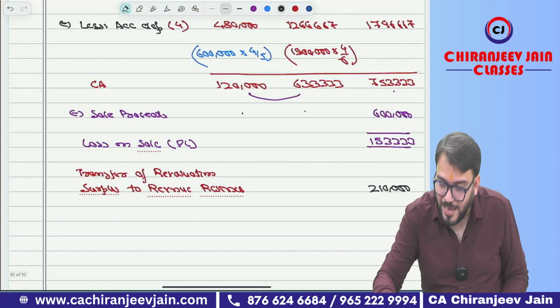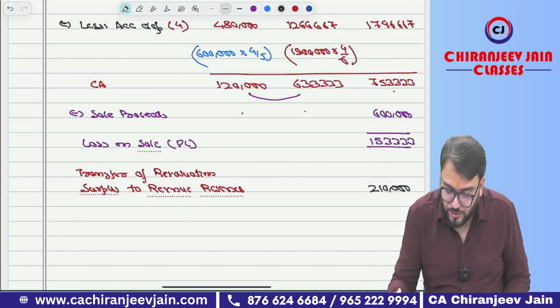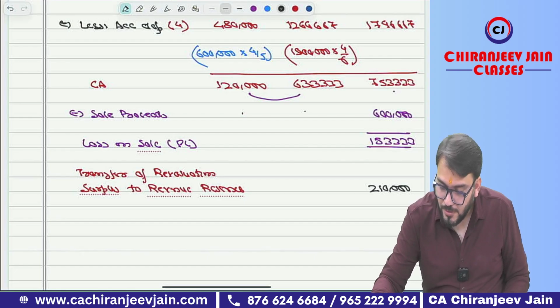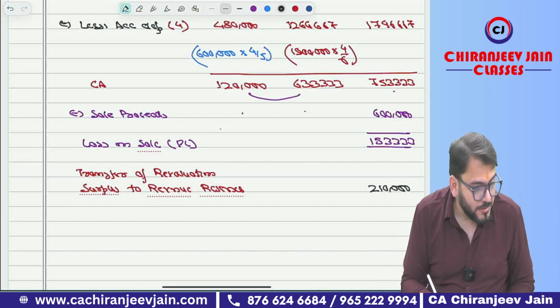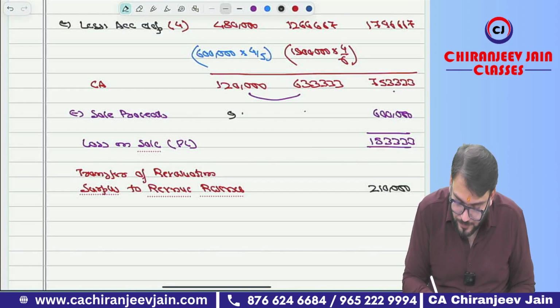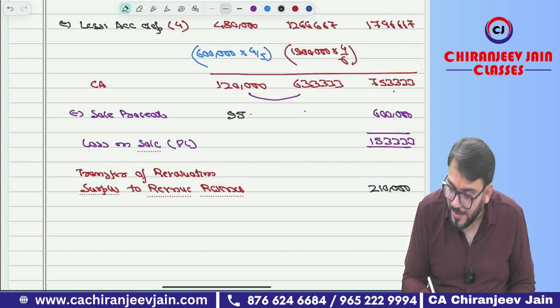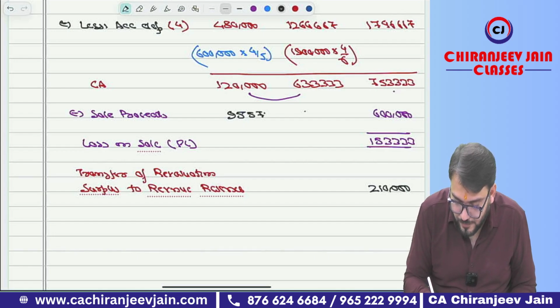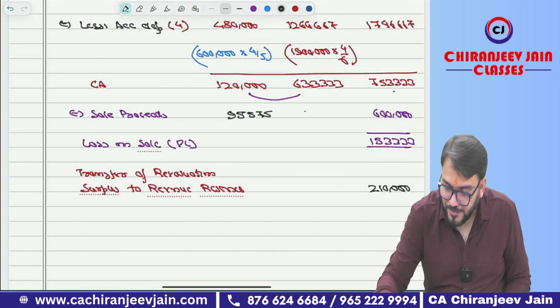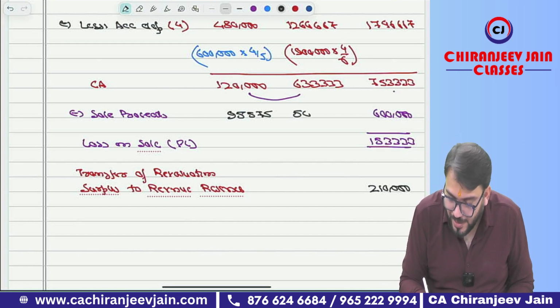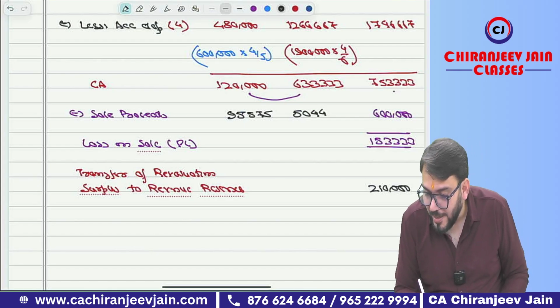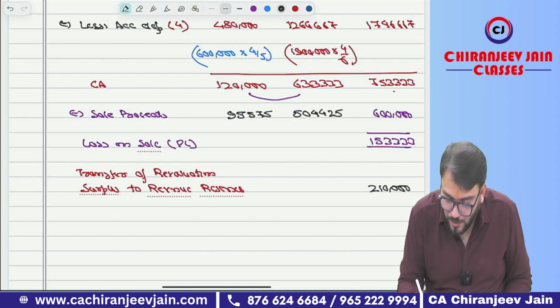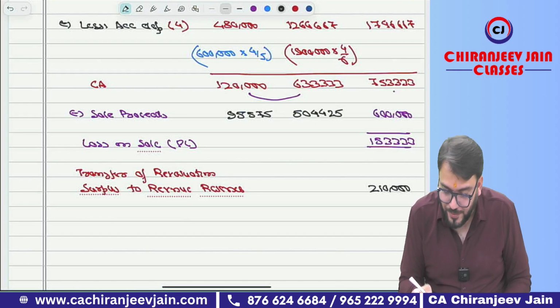If you want to do bifurcation, let us do. So 6 lakh will be allocated in this ratio. So this ratio is what? 6 lakh divided by 7,53,333 into 1,20,000. It is coming how much? This is 95,575. Minus 6 lakh is equal to, it is coming 5 lakh 4,425. Done.